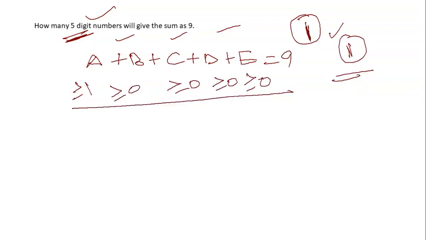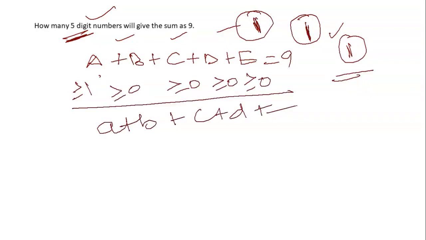Sir, why do we put 1 here? Because the first digit should start with a minimum value of 1. So it starts from greater than or equal to 1. So what will the answer be? a plus b plus c plus d plus e is equal to 8. Right? The answer is 12 factorial divided by 8 factorial into 4 factorial.